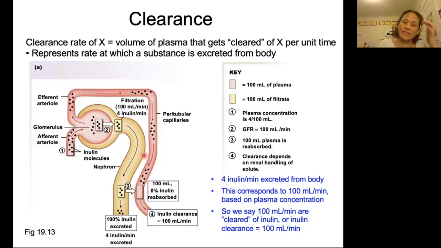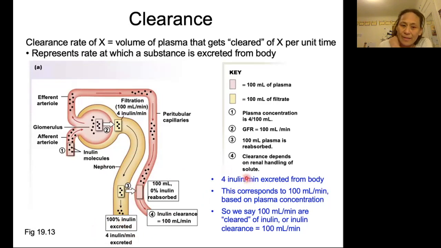And since our GFR is 100 milliliters per minute, then we are clearing 100 milliliters per minute of inulin, okay? Another way to think about it, it's kind of the same thing, is that we excreted 4 inulin per minute from our body.